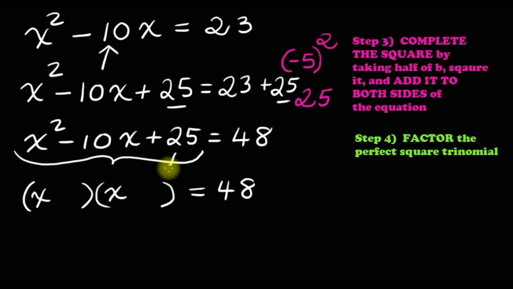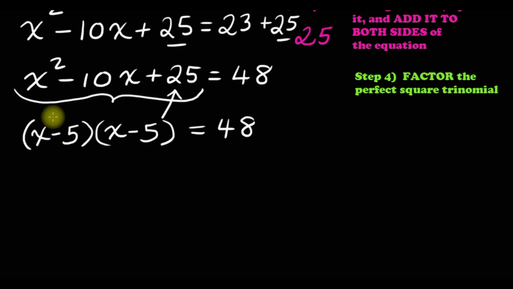Now you have to come up with factors of positive 25: two numbers multiplied to get 25, but when you add those two numbers, it comes out to negative 10. So you're going to need two negative numbers. You need a negative 5 and a negative 5, because negative 5 times negative 5 is positive 25, and negative 5 plus negative 5 is negative 10.